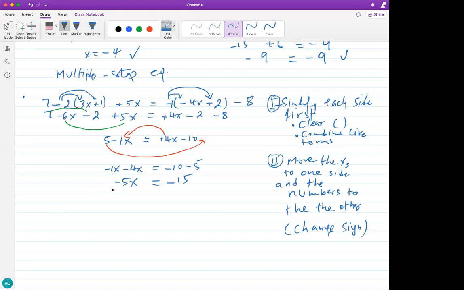What is the final step? One more step to get the x by itself. What do we do now? Divide. Division. Okay, by? -5. Exactly. So you want to cancel this -5? You got to divide by -5. It's not add 5 or something. We divide because we have a multiplication here.